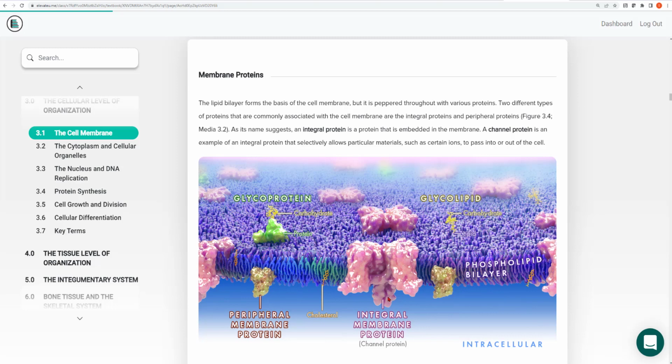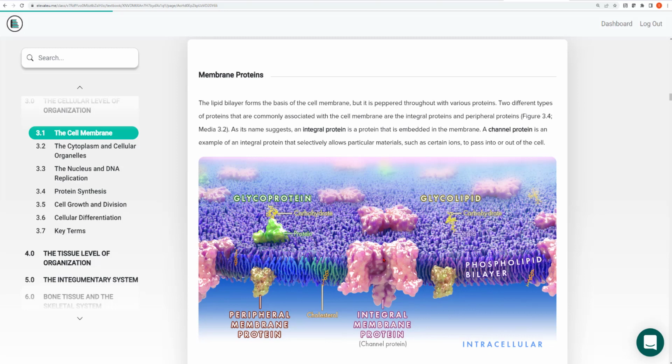Most often, these integral proteins are some sort of channel protein, meaning they actually have a channel or a tunnel or a pathway through the middle of these proteins. And these proteins allow certain molecules to travel into or out of the cell. So these become sort of the channels for movement of molecules.